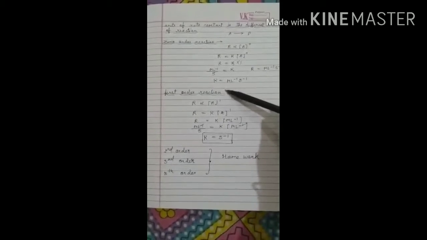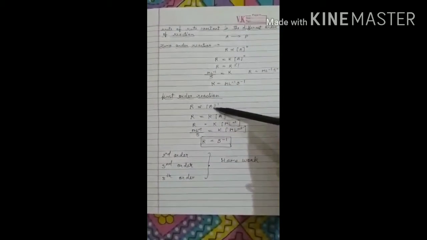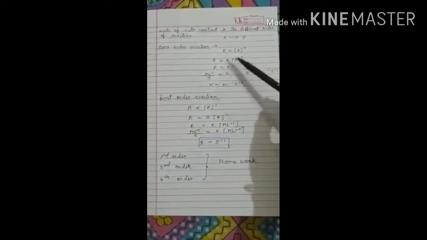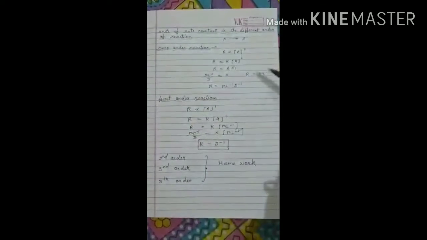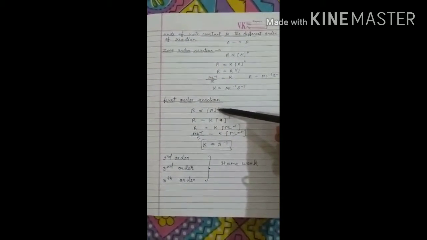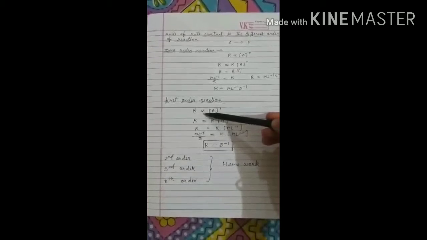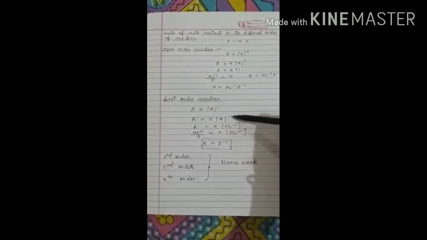Let's pick one more example, a first order reaction. R is directly proportional to [A] raised to the power 1. Earlier we took [A] raised to the power 0 because we were considering a zero order reaction. For first order reaction, it is taken as [A] raised to the power 1. Removing the sign of proportionality, we give a constant: R is equal to K [A] raised to the power 1.